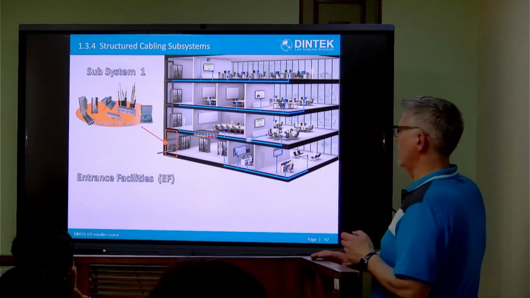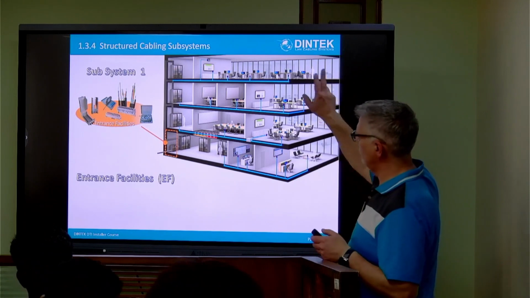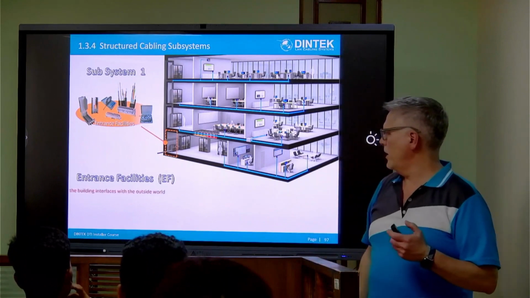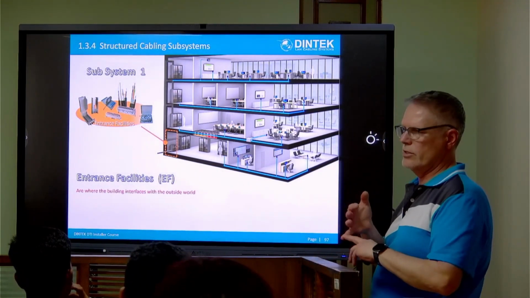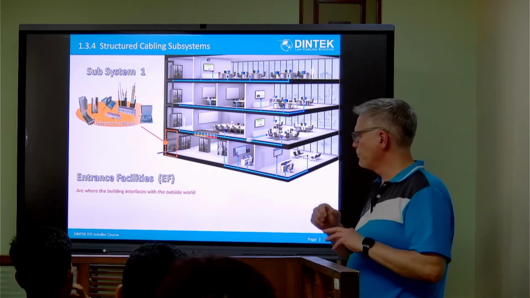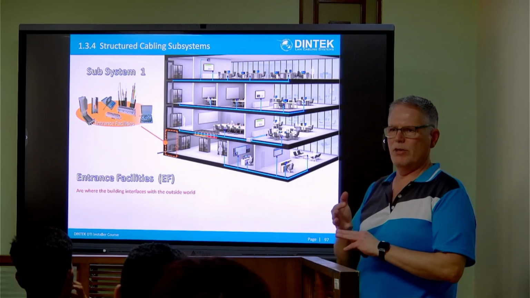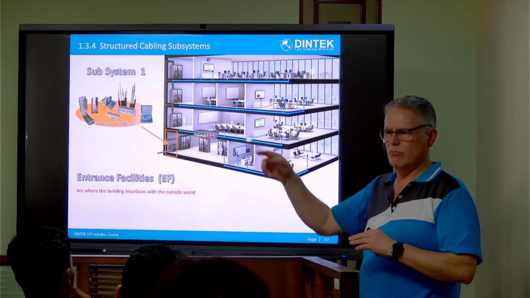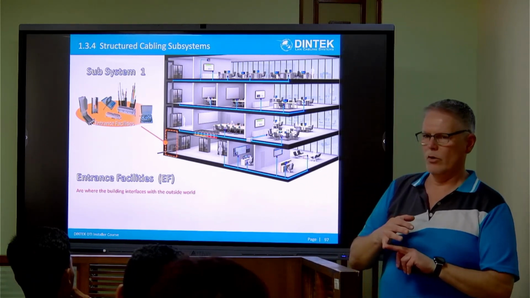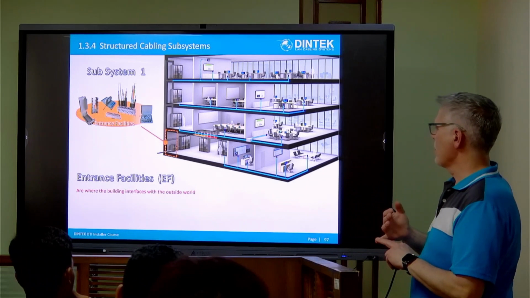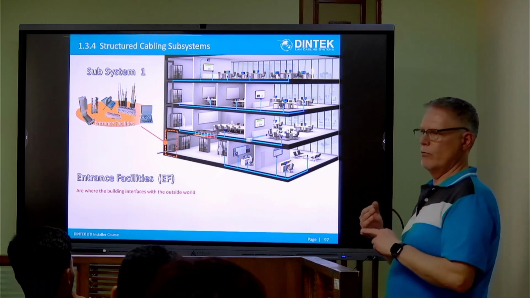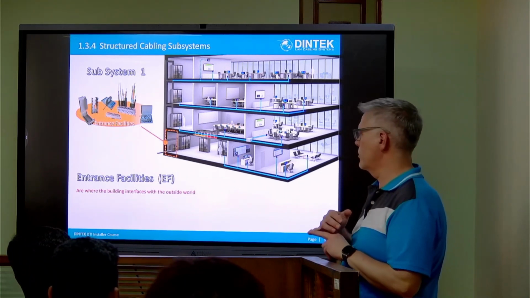Entrance facilities. So let's take a building as an illustration, and an entrance facility is where we enter the building, where the building interfaces with the outside world. It could be where you've got fibre coming in, fibre's terminated there, and then it might be running off into a distributed indoor fibre, or it could be transferring onto coax or whatever. You could have your telecom IDs there, so running the old style analog voice service.